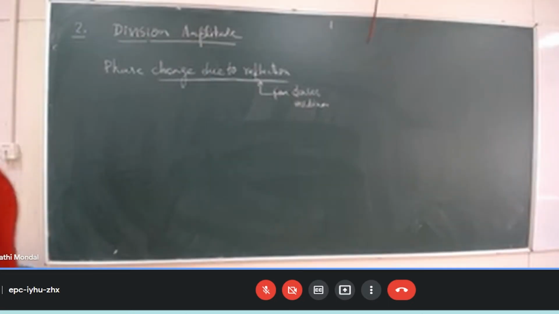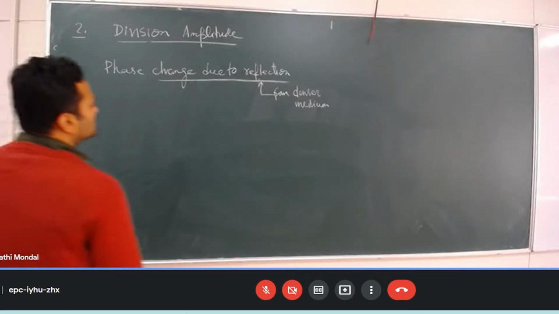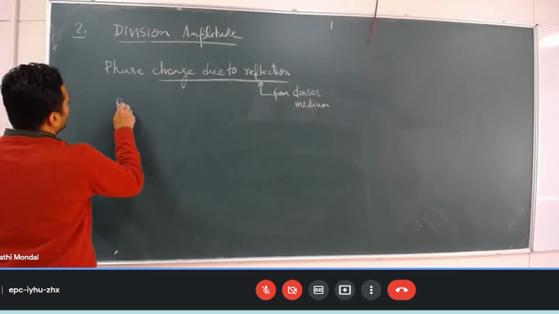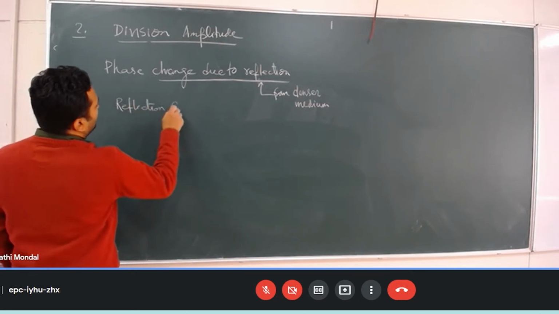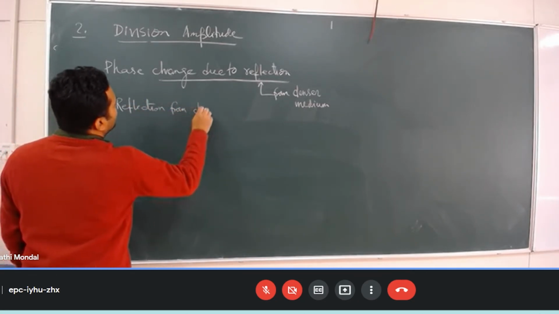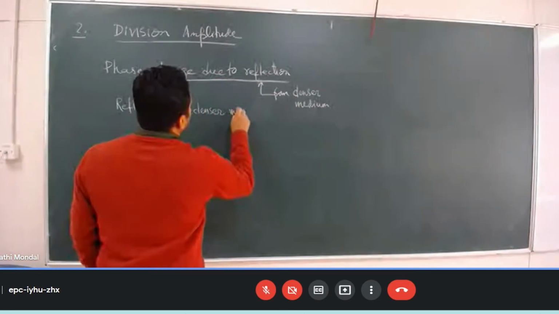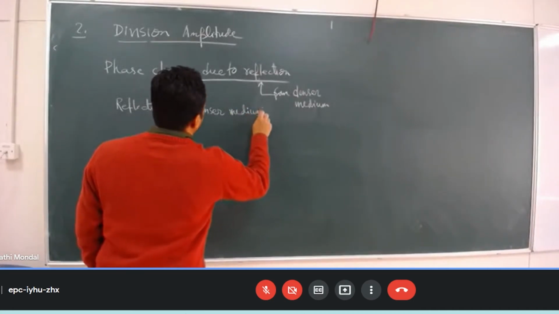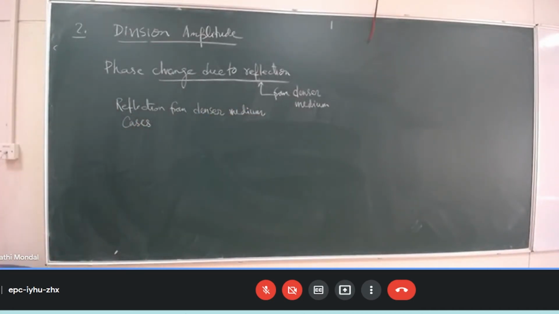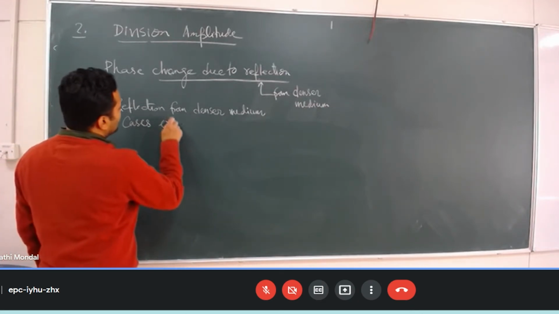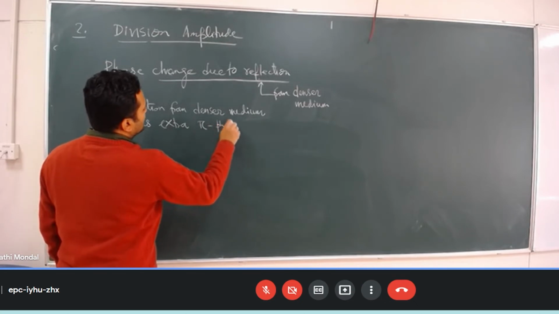So now the law says that if you have a reflection from a denser medium, it will cause an extra pi phase change.